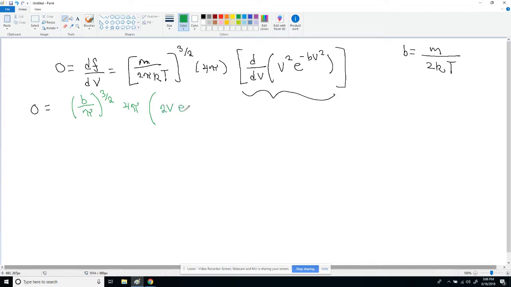2v e to the minus bv squared plus v squared and the chain rule guy, which is e to the x, so e to the x, and the dx part will be minus b, and the chain rule part will be 2v, from having to do the chain rule on this again.